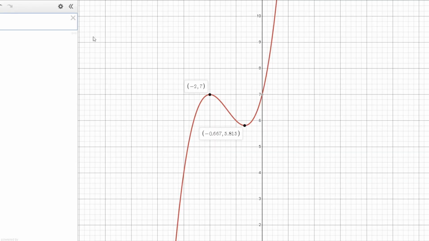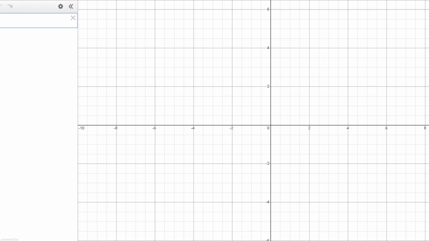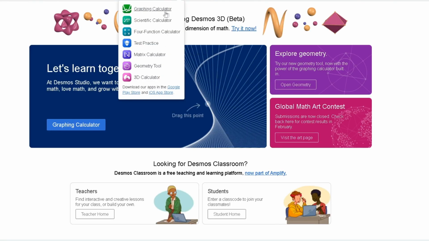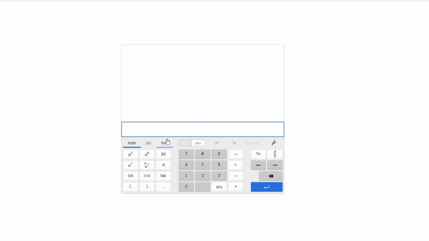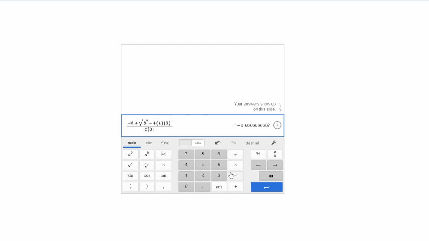Let's go over to Desmos, graphing scientific calculator, and put in what we got. We got the fraction negative 8 plus the square root of 8 squared minus 4 times 4 times 3, over 2 times 3.